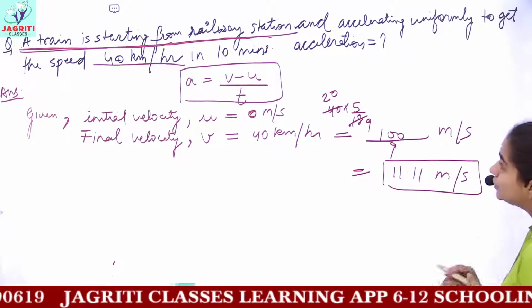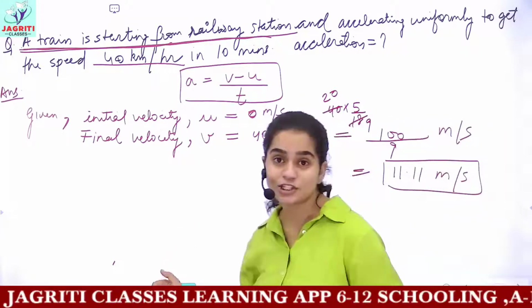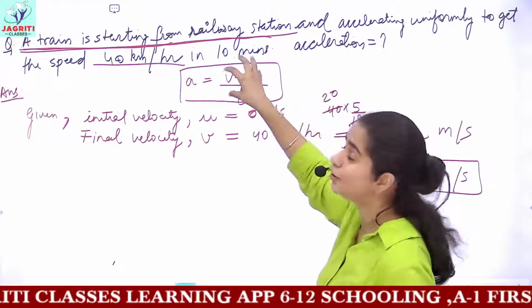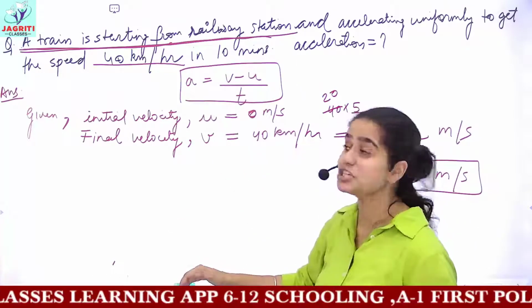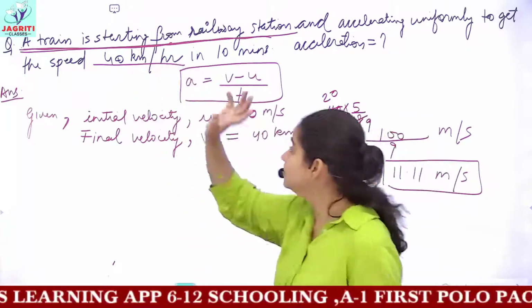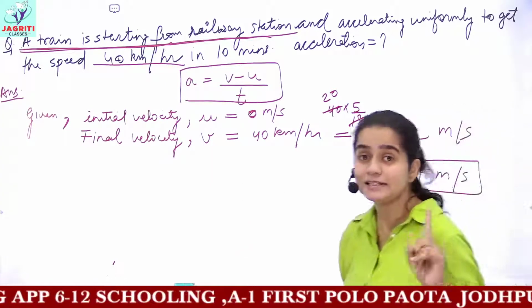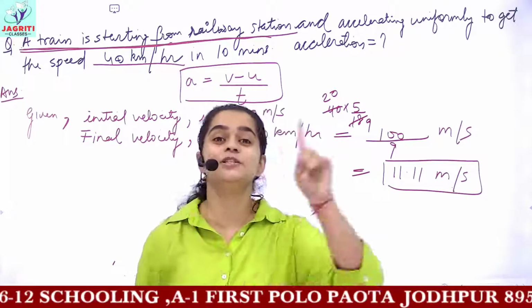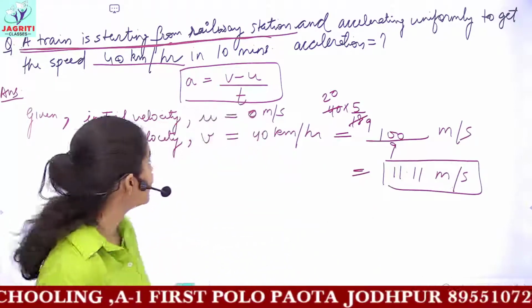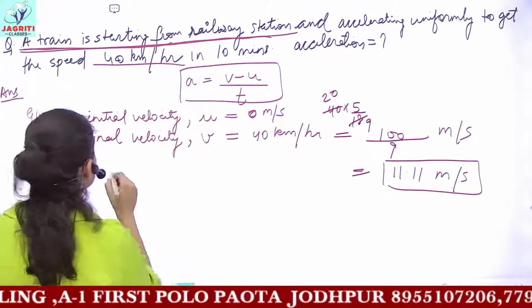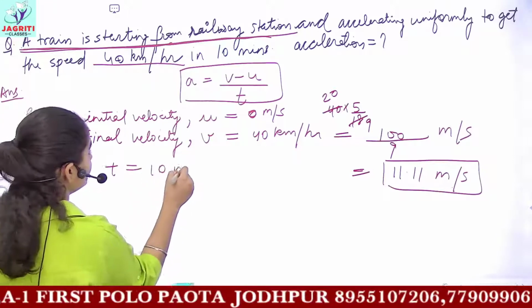And I told you, before you put the values into your formula and solve the question, you need to convert all the values into SI units. I hope this concept is clear, how to convert the values into SI unit. That is also how to convert the value of time. Time we are given is 10 minutes.